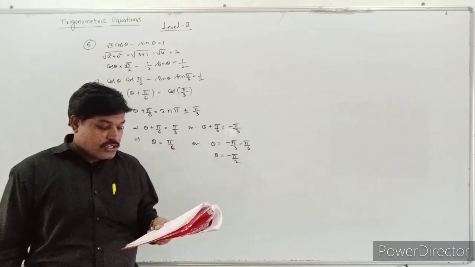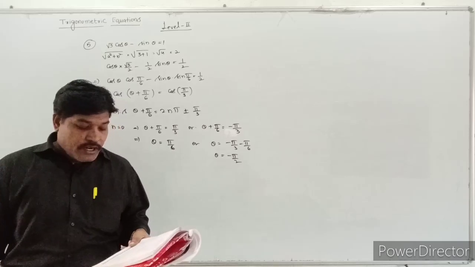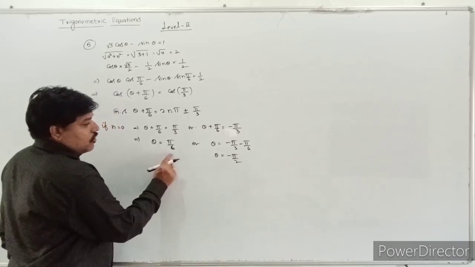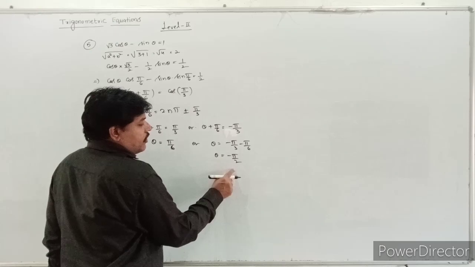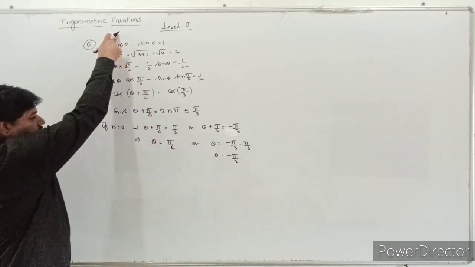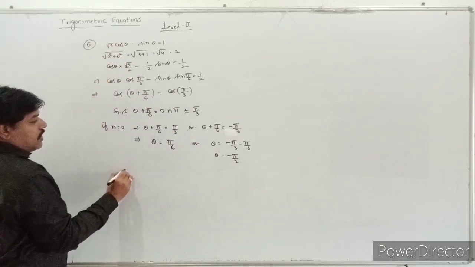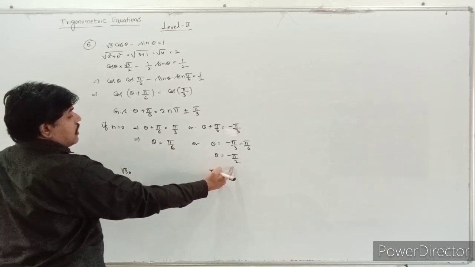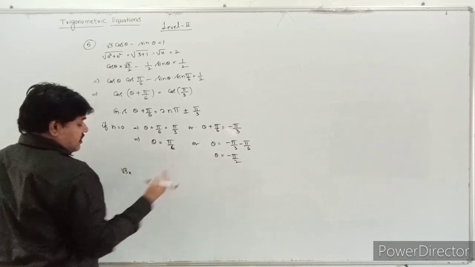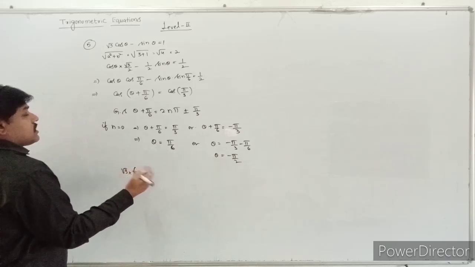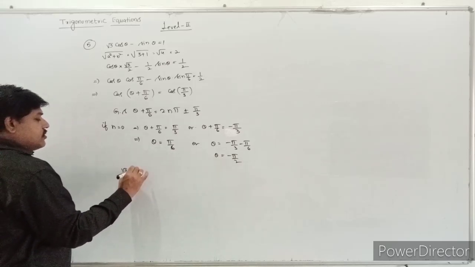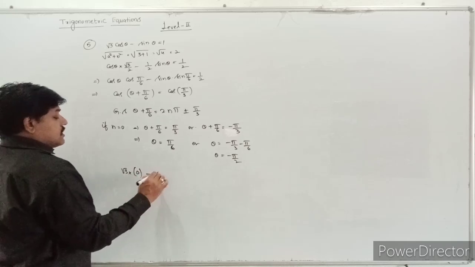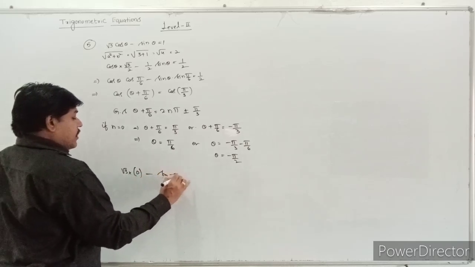So see that one, students. Only one solution is given in the options. The solution is theta is equal to pi by 6, but theta is not pi by 2. So check whether it also satisfies this condition or not. That is root 3 into cos of minus 90. Cos of minus theta is cos theta, so cos 90 is 0, minus sine of minus pi by 2.